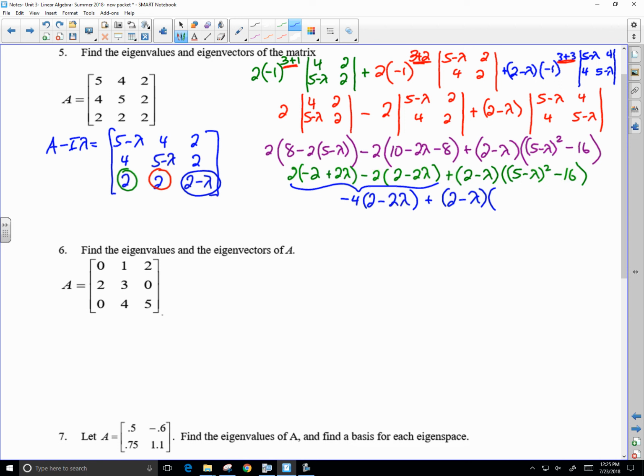Just got to grin and bear it. The 25 minus 10 lambda plus lambda squared minus 16. -8 plus 8 lambda plus 2 minus lambda times lambda squared minus 10 lambda plus 9.